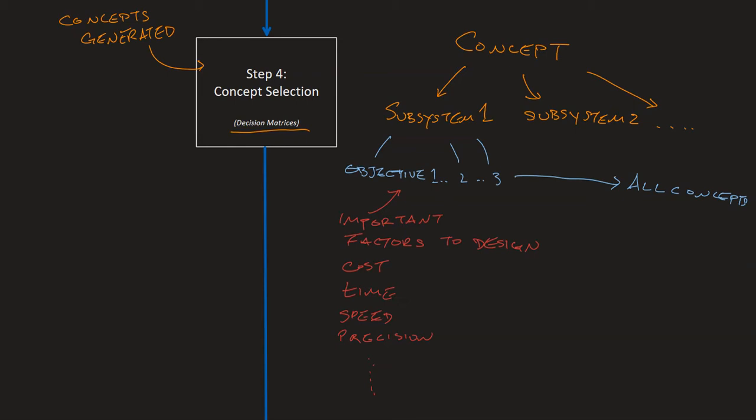Once we have all of our objectives, we are going to assign each one a weighing factor. So we are going to go and say, for each design, it is going to get some percentage importance for every single one of our different factors or different objectives of our design.